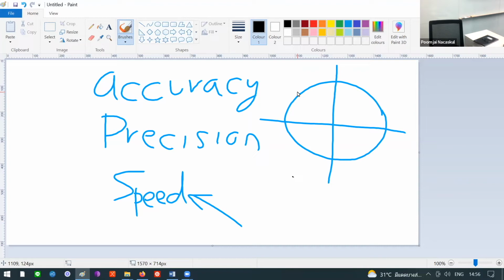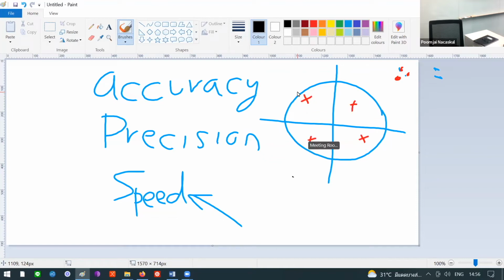But if you get 3 shots, this is a high precision, meaning you always hit the same spot, but it's wrong, right? On the other hand, this guy, 1, 2, 3, versus this guy, 1, 2, 3.